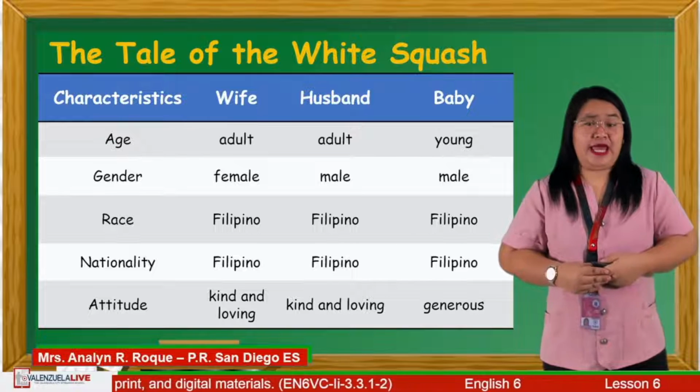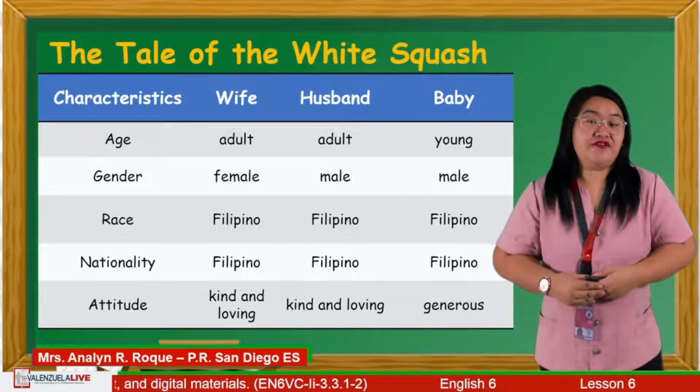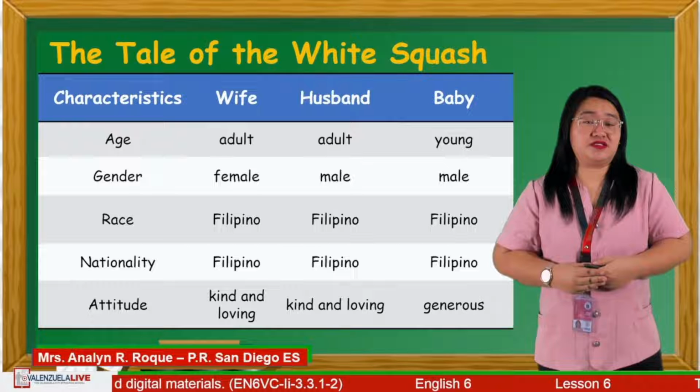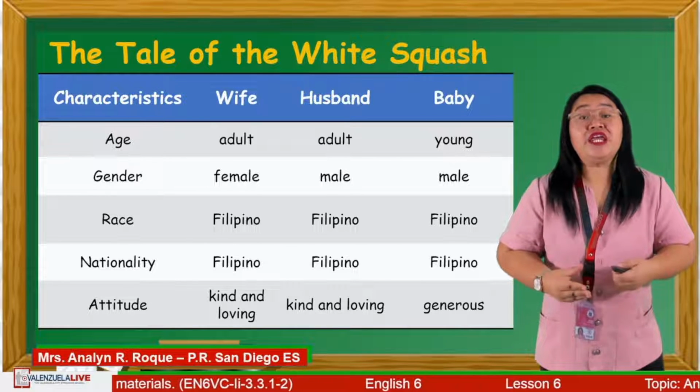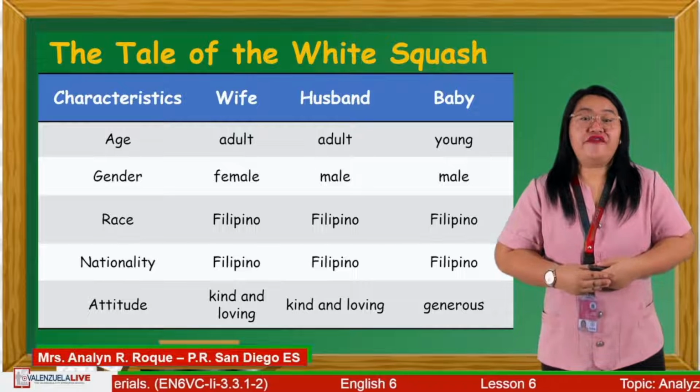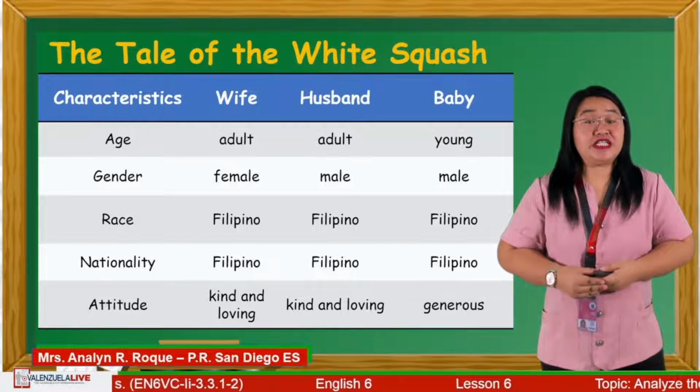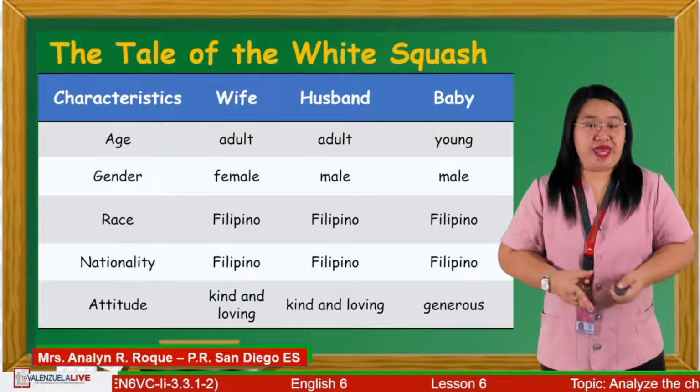Let's talk about the age. Both the wife and husband are already adults, while the baby is, well, naturally young. In their gender, the wife is female, while both the husband and the baby are males.